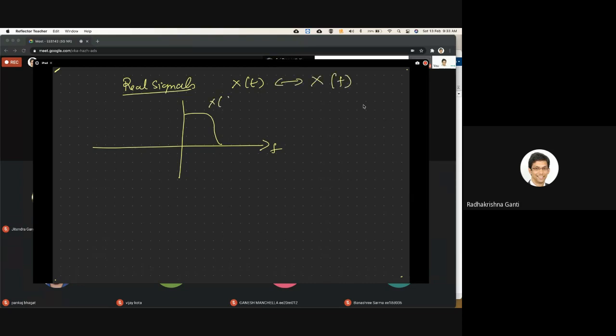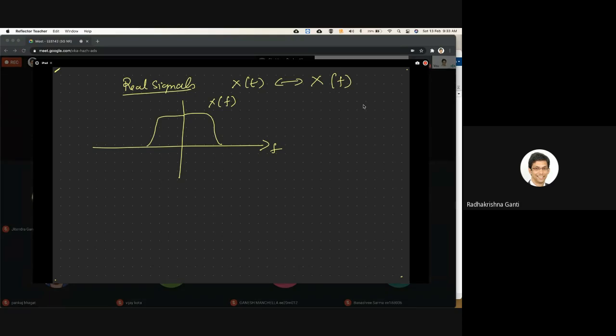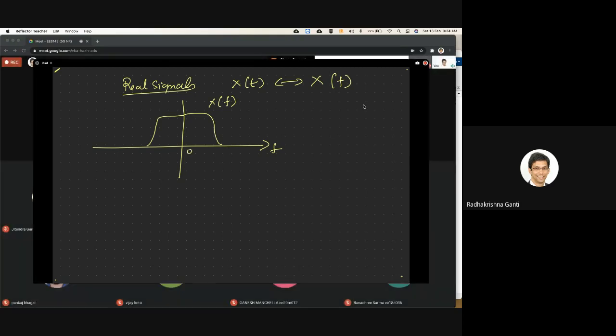If it's a real signal, then both sides of the origin are symmetric. Essentially, this part is symmetric to this part. So generally you consider the bandwidth of your signal as W here.